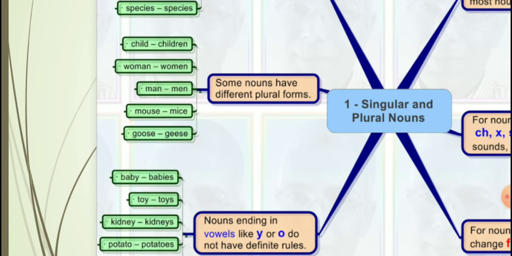Woman, man: man becomes men as the plural form. Mouse, the plural form of mouse becomes mice. Goose becomes geese. These are a few words which we never make plural by adding S.